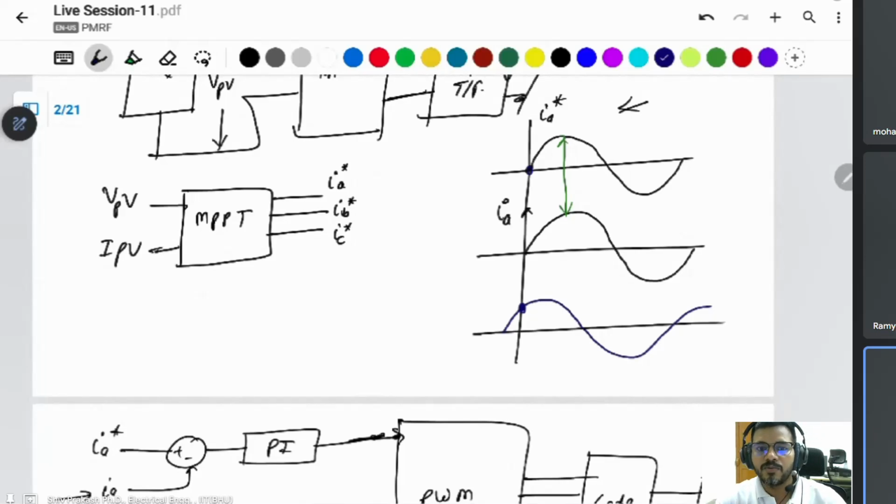Suppose you want to track a magnitude but there is a difference between them, how can you minimize the error between them? Then there is a difficulty. That's why in this case you have to use a tracking PI controller, which is more complicated to use.